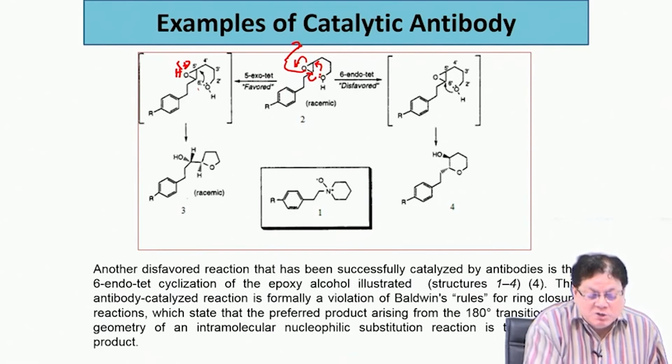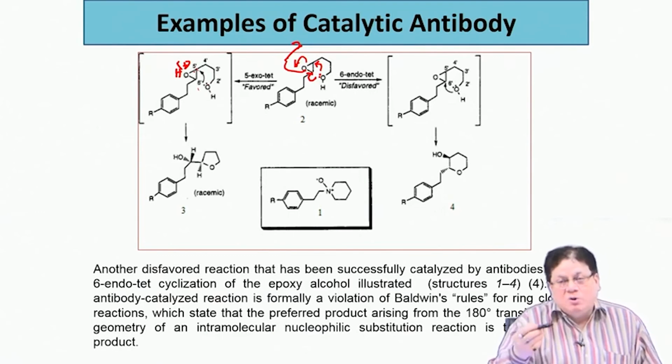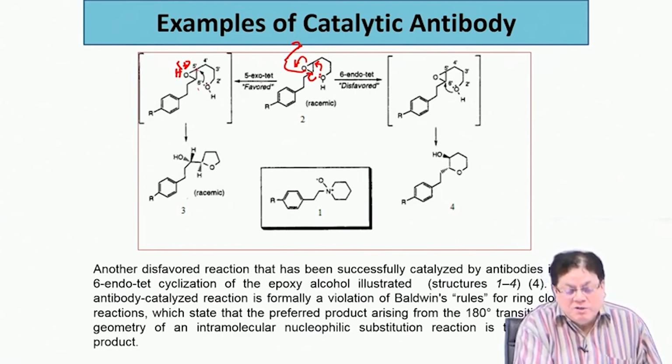Why is it called 5-exo? That means when it is attacking that one, what you are making is a 5-membered ring. So, that is 5, and your whole epoxide is outside the ring that is being formed. So, that is why that is called exo. So, this is 5-exo-tet.